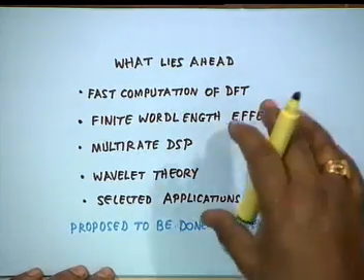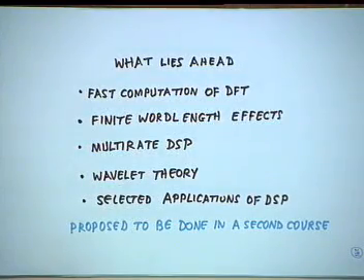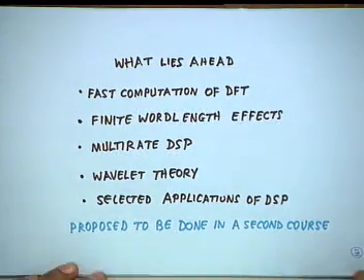At different locations there are different sampling frequencies, and then the interface between the two, decimation and interpolation, are required, and it poses a challenging problem in filter design, which the procedures that we have given will help. Then we shall do wavelet theory in some details and some selected applications of digital signal processing. It is proposed to be done in a second course, DSP2. And with that we close this course.